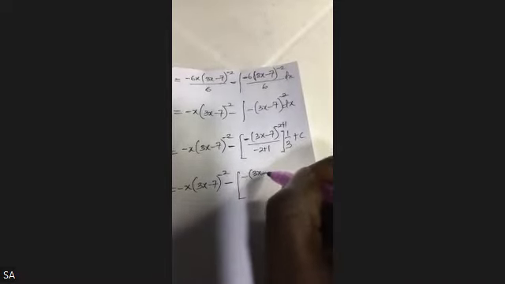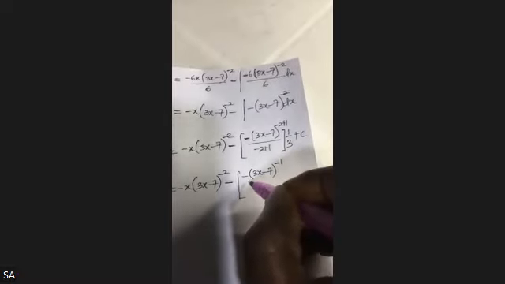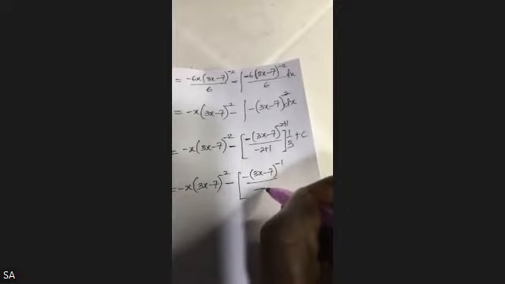So we have minus x into 3x minus 7 raised to the power minus 2, minus, open bracket, minus, open bracket, 3x minus 7 raised to the power minus 1, divided by minus 1 into 1 over 3, plus c. So take note of this.